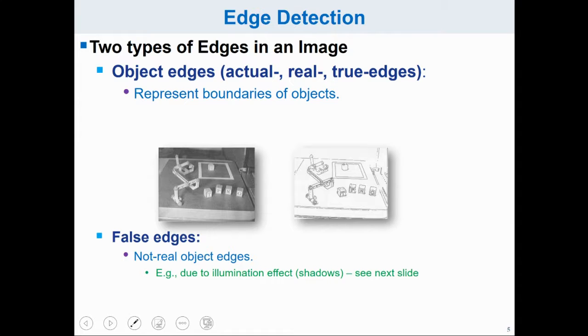There are true edges that represent true and actual boundaries, and there are false edges that are not really edges, and these are due to illumination effects such as shadows and so on.